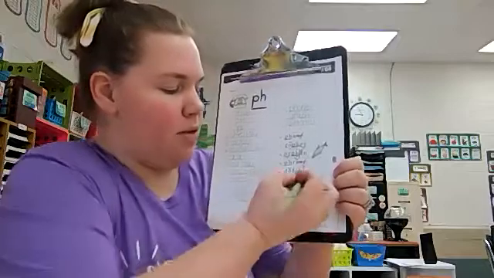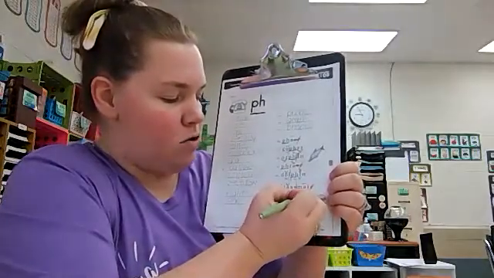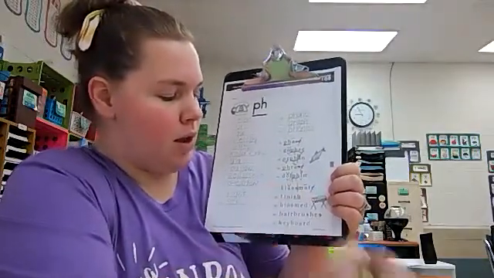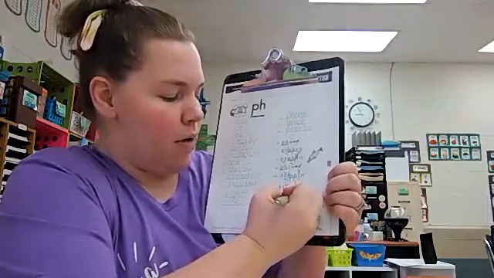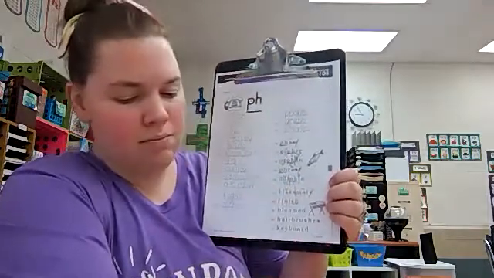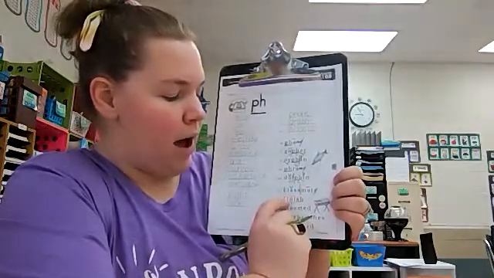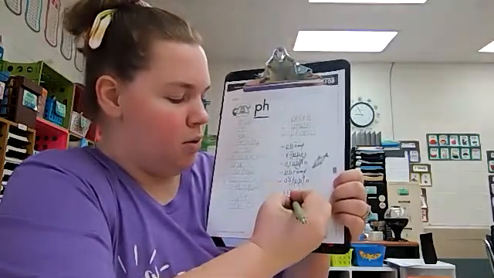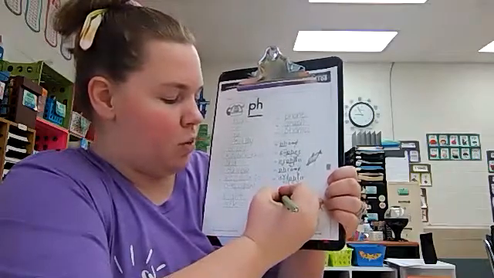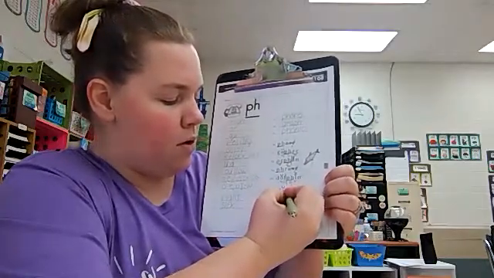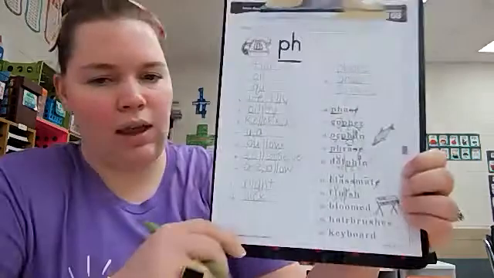For number 22, we have digraph SH to underline. Then we have vowel I with one consonant. So if we try it here, it will be finish. We want it to say finish. We want closed off vowels like that.